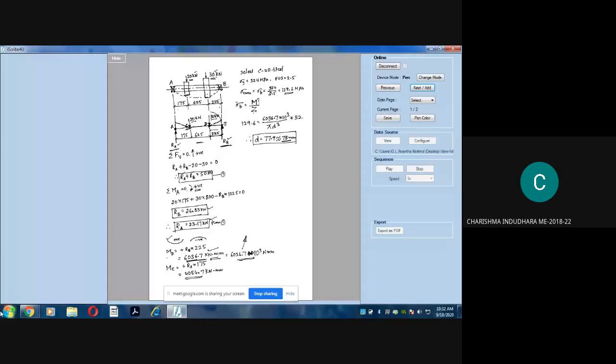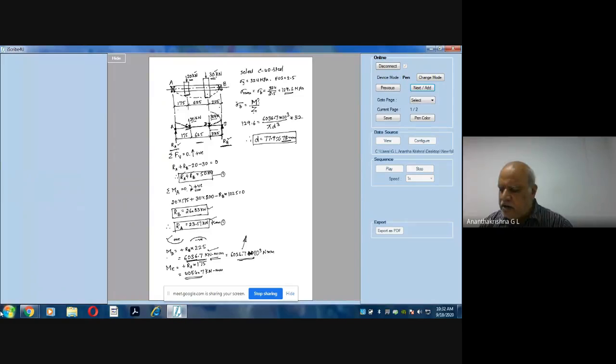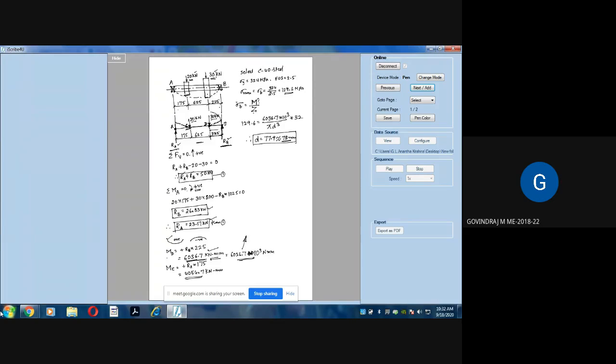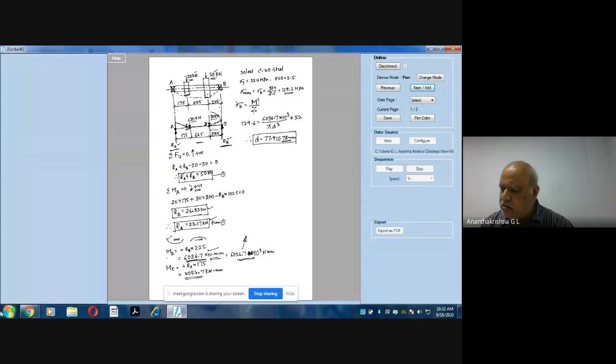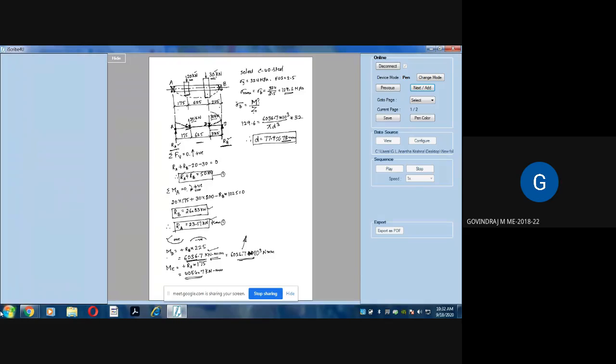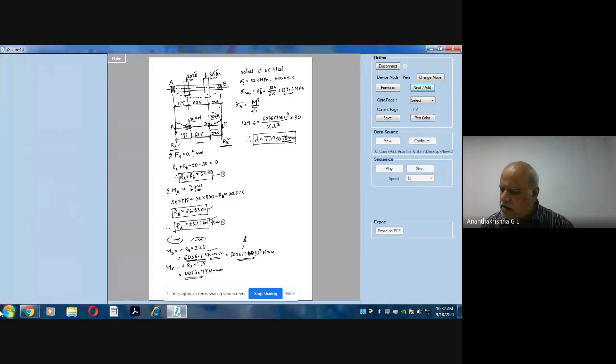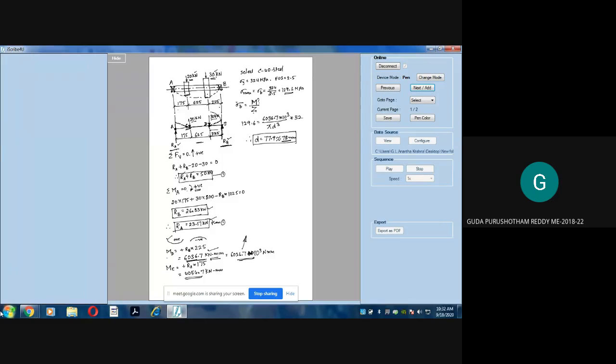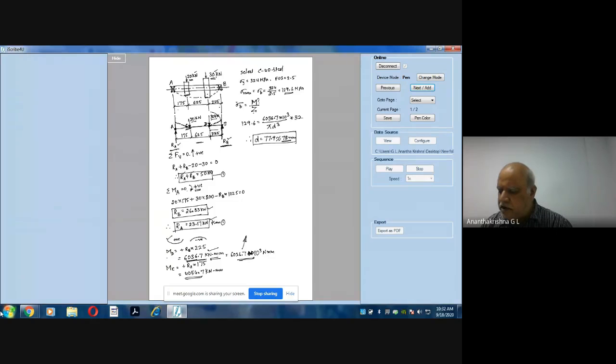Present, sir. 15. Present, sir. 17. Present, sir. 18. Govindraj. Present, sir. 19. Present, sir. 20. Present, sir. 21. Yes, sir. 22. 23.